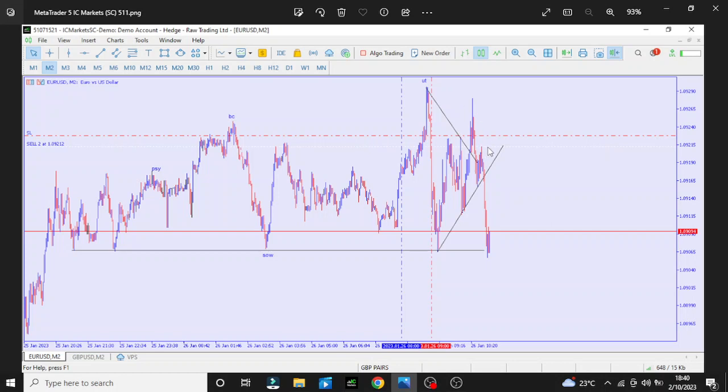I got a 2 pip stop loss. It's awesome to see what your mentor actually sees. He's not my mentor as in he mentored me.